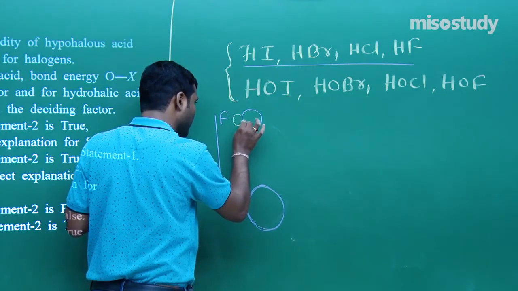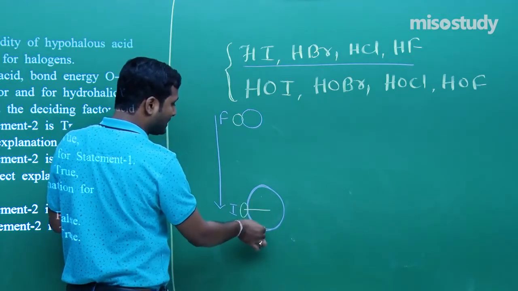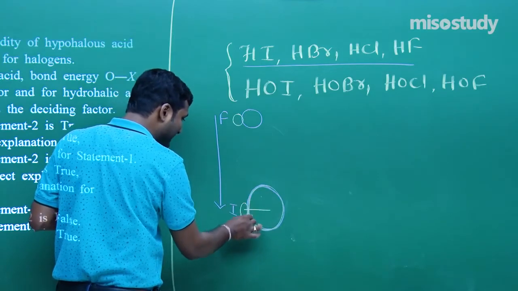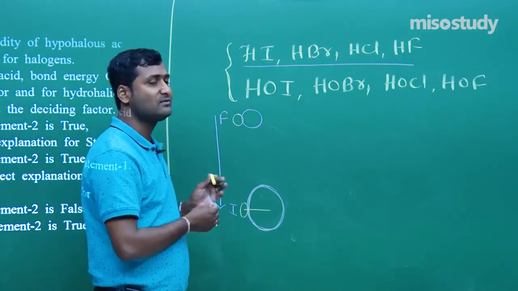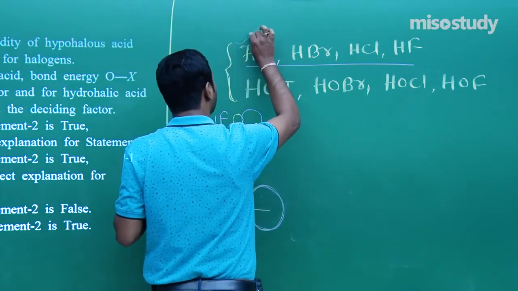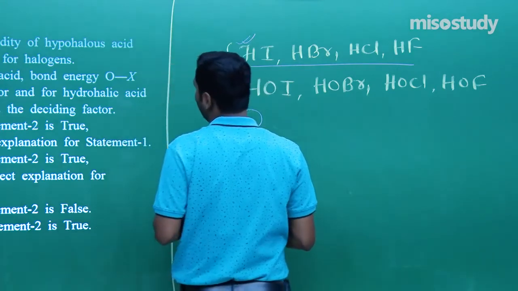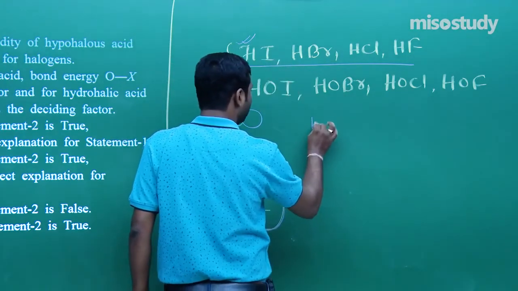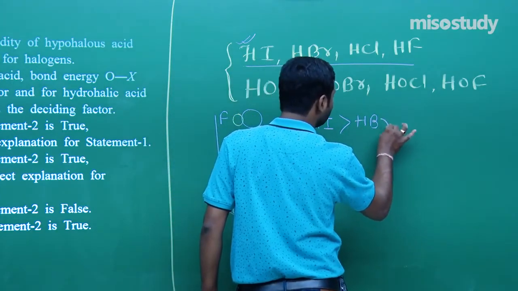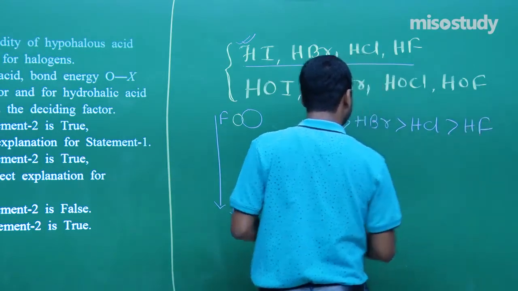If I add hydrogen here, then what will happen? In HI, the bigger size means the bond can be broken easily, and release of H is very easy. If there is a strong tendency to release an H plus ion, it will have more acidic character. So the order is HI, then HBr, then HCl, and then HF. Clear to you? This is the order.